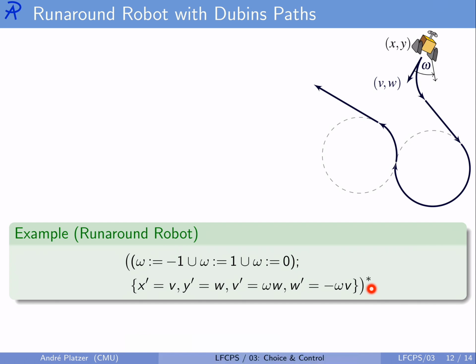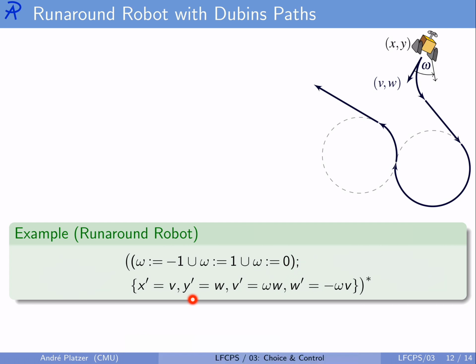How we describe this is by a non-deterministic repetition, because we don't know how many line and arc circles the robot will be following, where every time we first run a discrete controller that will change the angular velocity to -1, 1, or 0, depending on whether it's going left, right, or going straight.